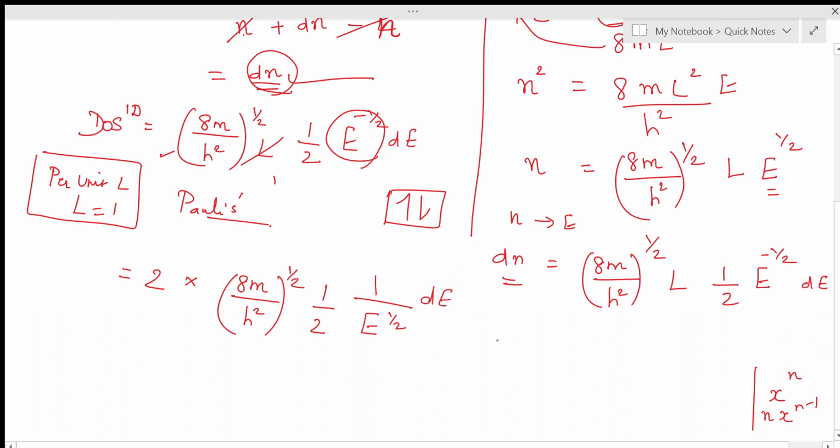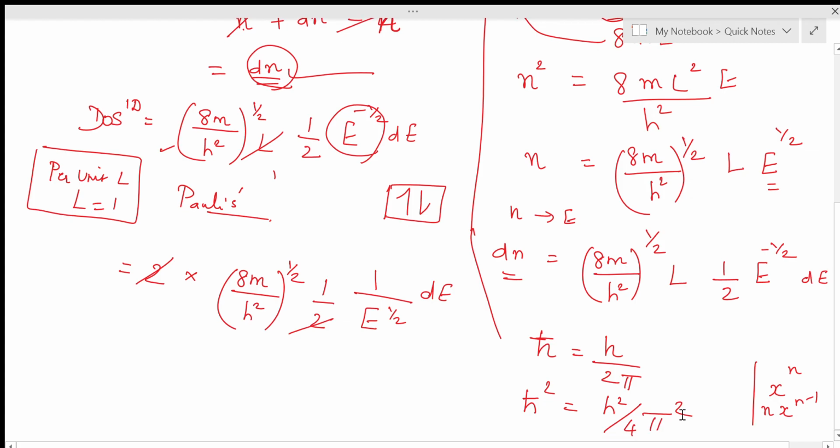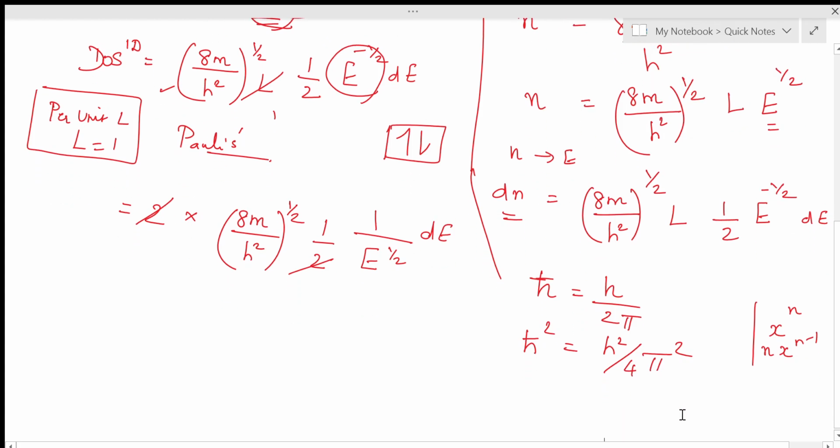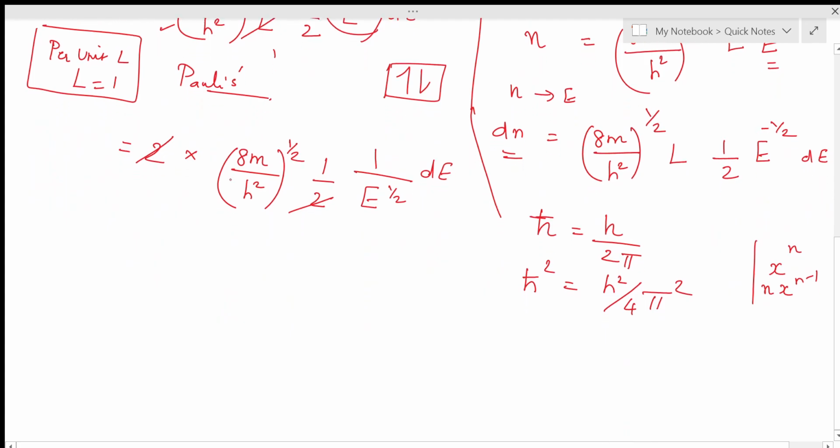Now these two get cancelled off. Now, h cross, that is the reduced Planck's constant, is equal to h by 2 pi. Therefore, h cross square is equal to h square by 4 pi square. In this equation, we have h square.